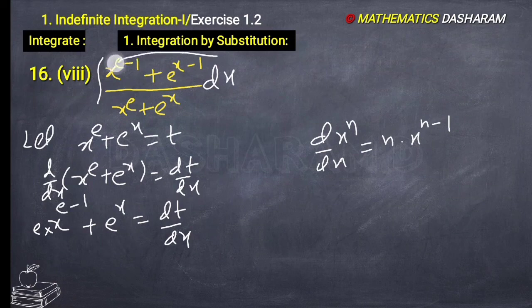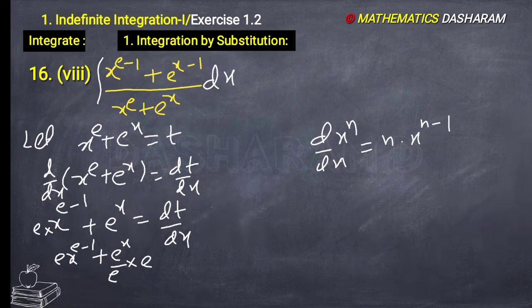But to get this numerator, what I am doing is e into x to the power of e minus 1, and e to the power of x here by e into e. Okay, so then it is equal to dt by dx.